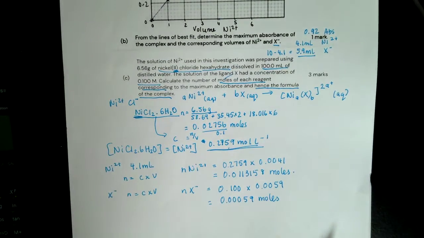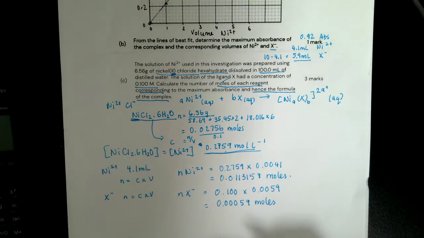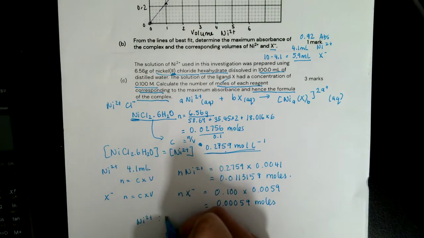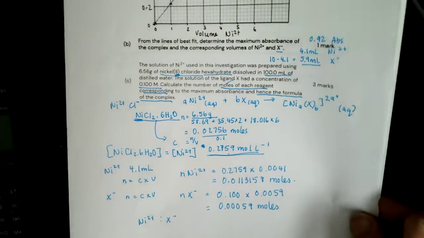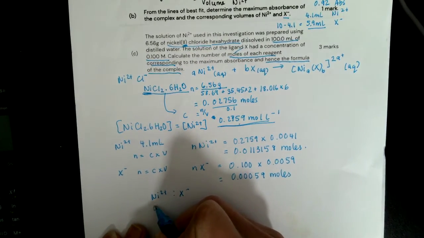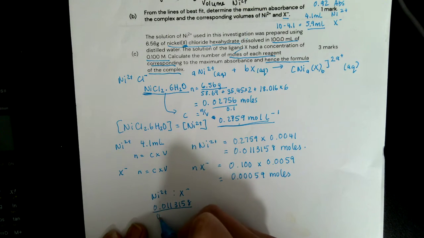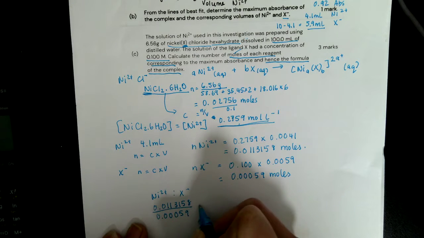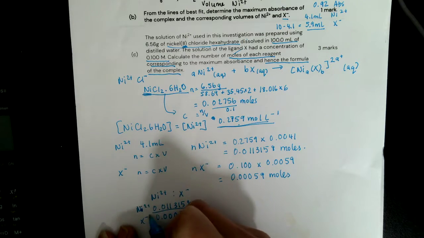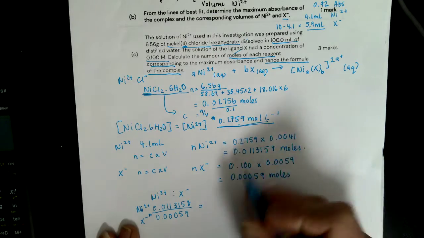The last thing we need to do is work out the formula of the complex. This is where we're going to use our knowledge of empirical formula, to work out the ratio. So the ratio of Ni2+ to X minus is going to be 0.01135 divided by 0.0059, so Ni2+ over X minus is equal to 1.9.